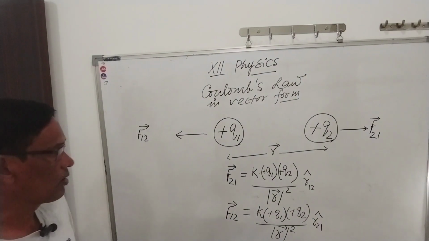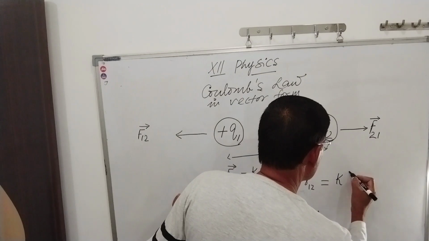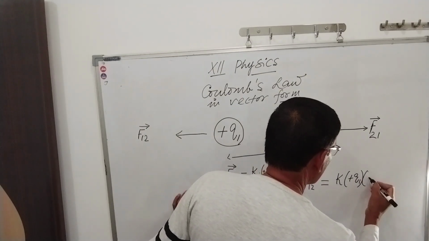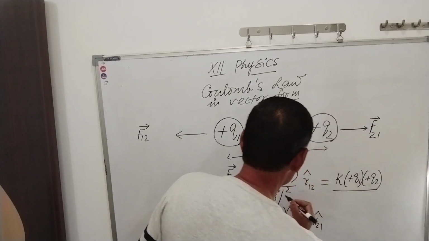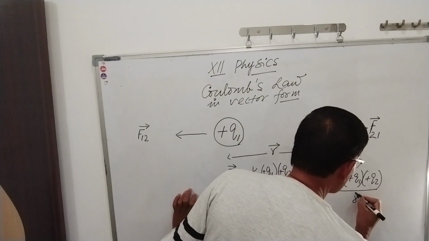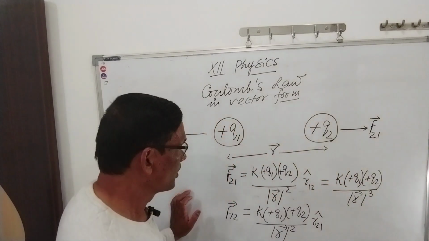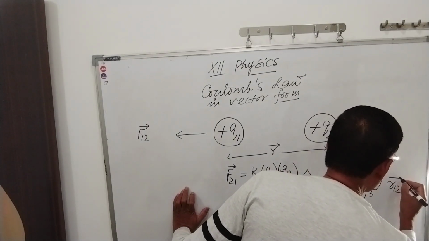Now, many a time you can write this as k times positive q1 into positive q2 upon r magnitude cube with r vector from 1 to 2.